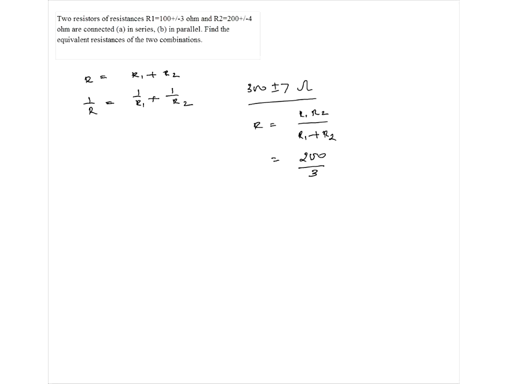Okay. Now, coming to the error part. This would have been the answer, 200 by 3, provided 100 and 200 were absolutely accurate. Okay. You are getting 44 by 9.